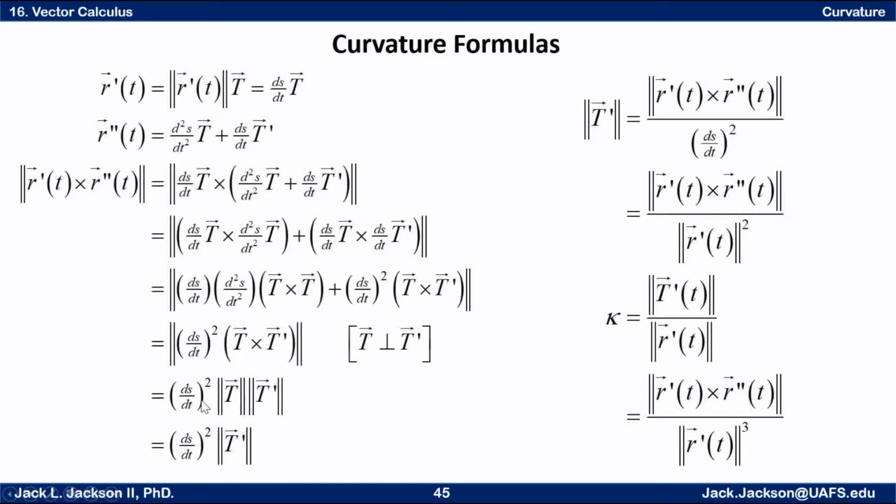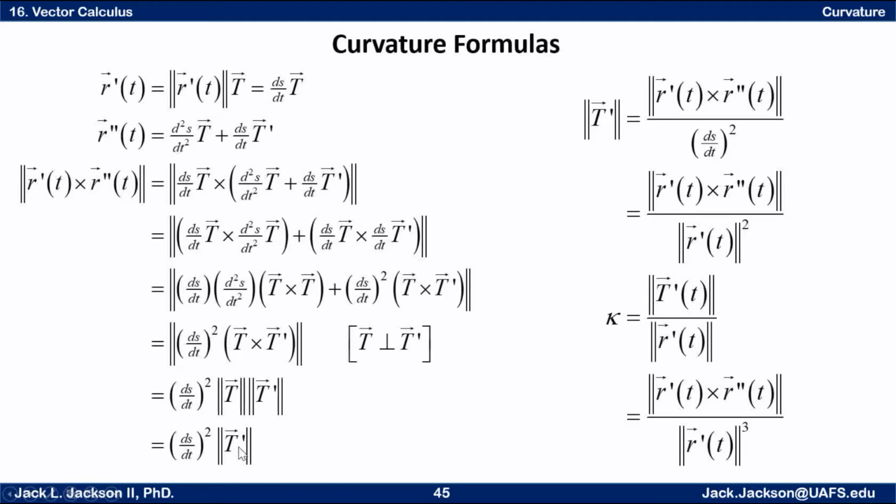So we have ds over dt squared times the norm of T times the norm of T prime. But wait a minute, T is a unit vector, so the norm of T is 1, so that part can go away. And we see ultimately that if we take r prime and cross product it with r double prime and then take a norm, it is ds over dt squared times the norm of T prime.